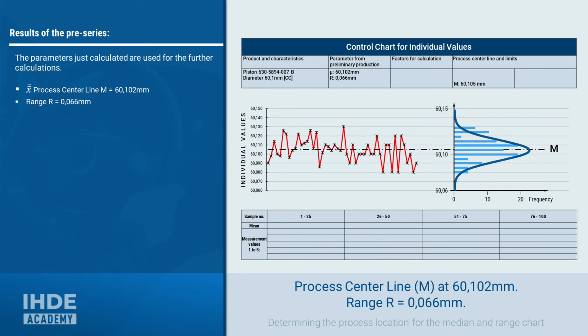For the median chart, the y-axis should therefore cover at least twice the range of the largest and smallest median found. For the range chart, the area covered by the y-scale should be at least twice the largest range found.